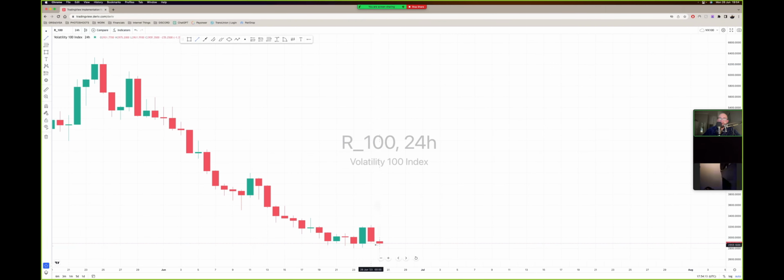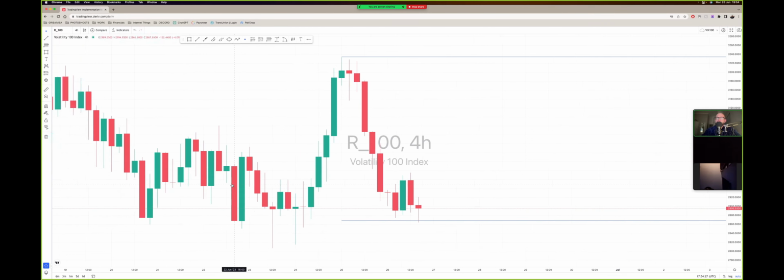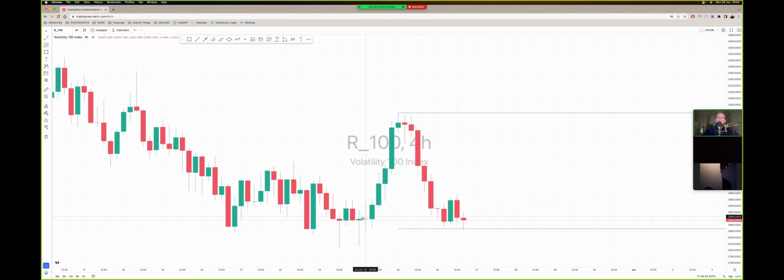Current daily low is right there. Previous daily high right there. This looks pretty good, like an area that was tapped on 4 hours. I'll keep that in mind. Sweet.